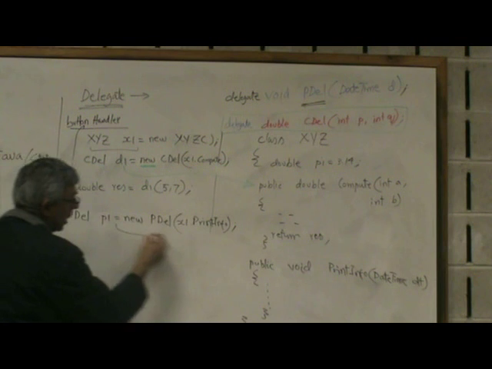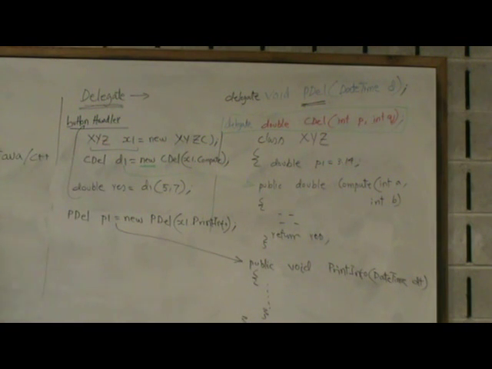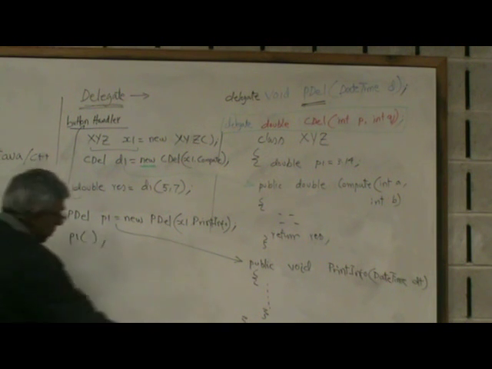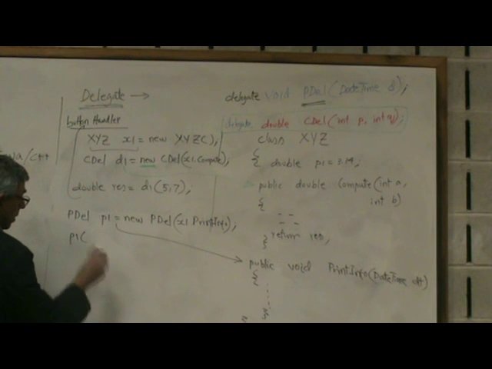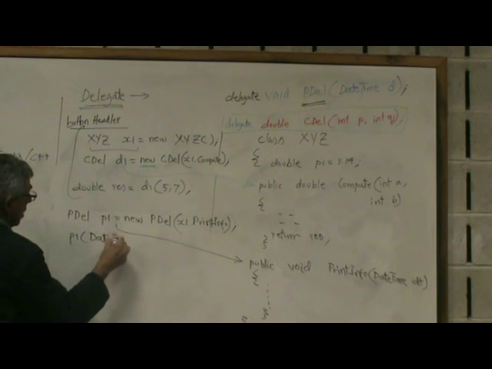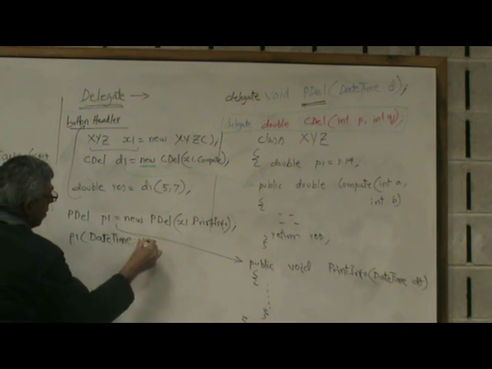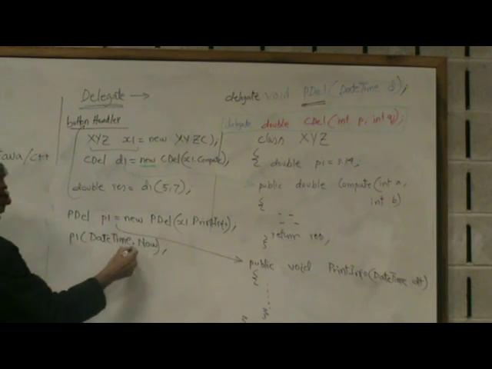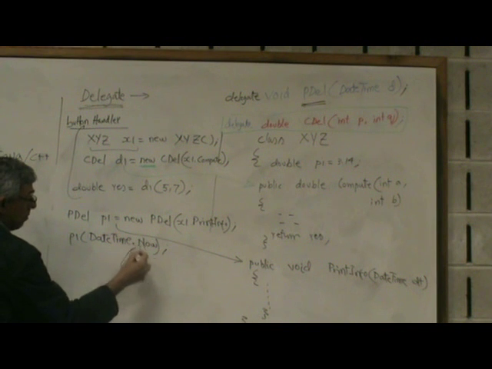Now p1 is pointing to this function, right? If we wanted to call this through the delegate, what will our code look like? p1 of DateTime.Now. Now is a property of the DateTime, which basically gives us current date and time.